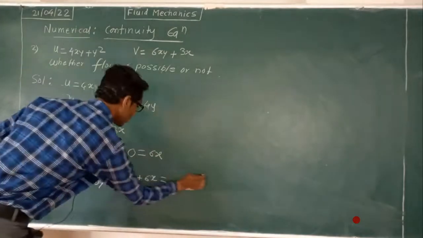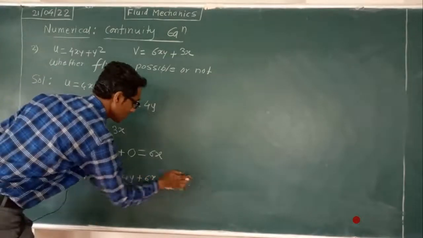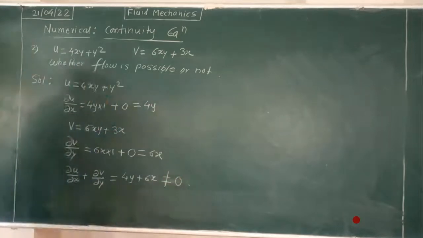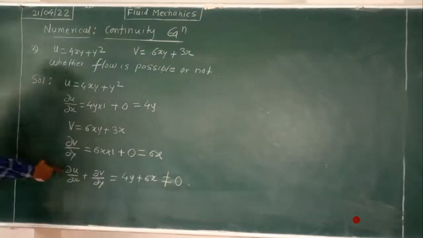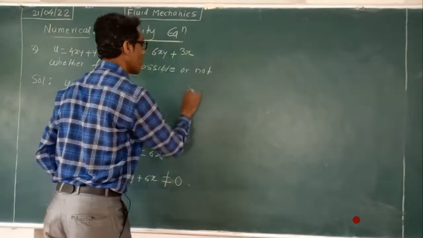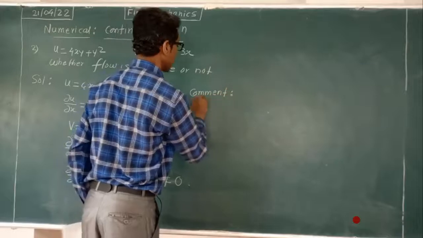Okay, sorry, not 10x; it is 4y plus 6x. Now this right hand side is not equal to 0, means here the continuity equation is not satisfied. So the statement or comment for this numerical is what?